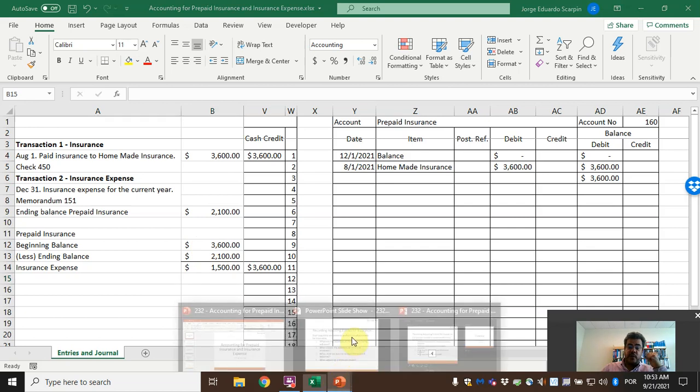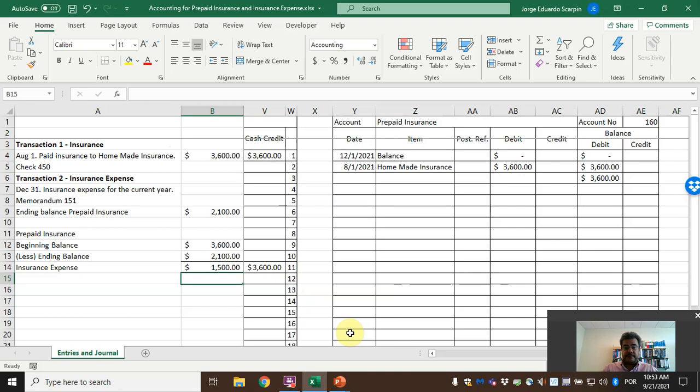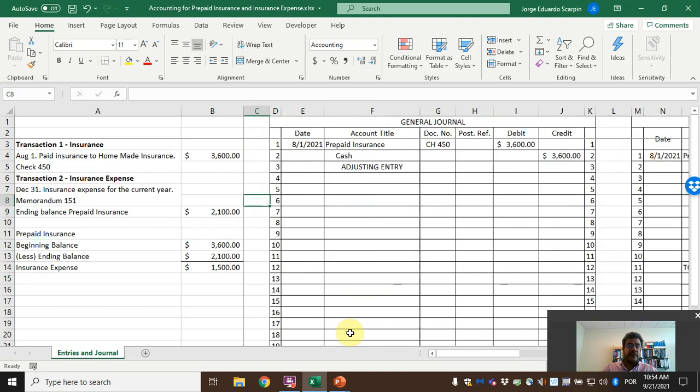And the last question, what adjusting entries are made? Adjusting entries here. Insurance expense, $1,500. So our adjusting entry is at the end of the fiscal year, December 31st. So we are moving from an asset to an expense.